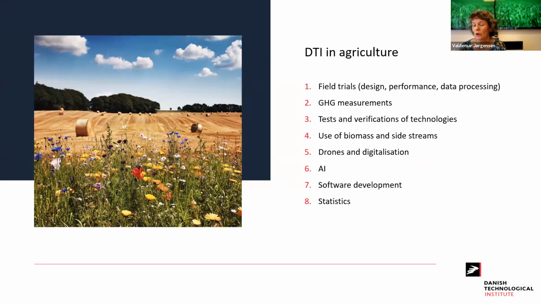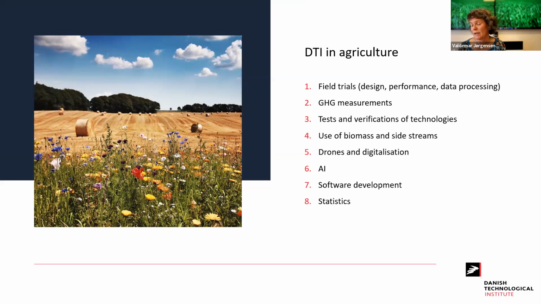DTI in agriculture, just to finish off this presentation of our institute, is that we are specialists in field trials. Every year we design and perform around 1,000 field trials, and most of them are on farm. We measure greenhouse gases, and the last few years a setup has been developed for measuring nitrous oxide.